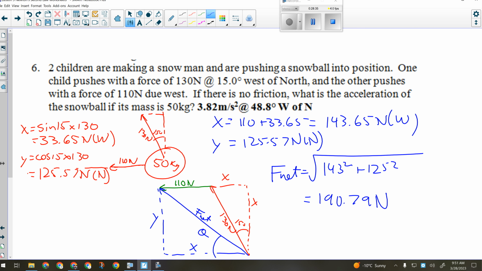I still need the vector on that, so I got to find theta. The way I drew that triangle, that's going to be the 125 over the 143, again with all the decimals in there.